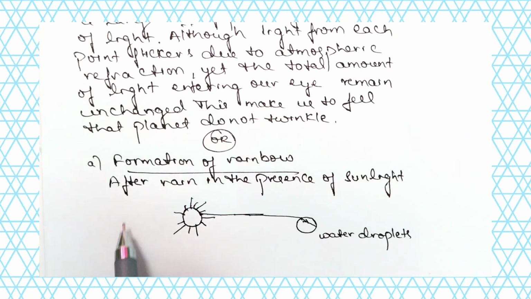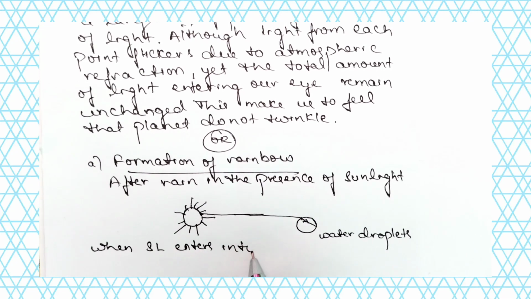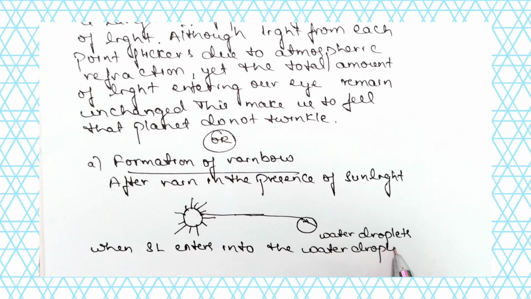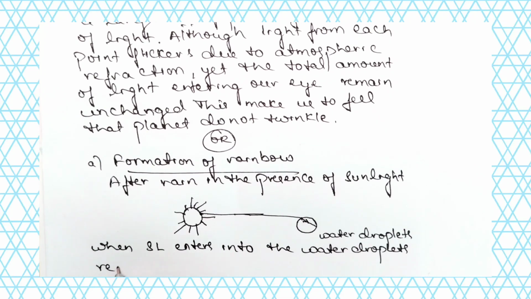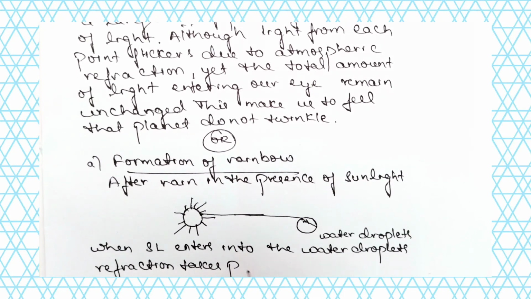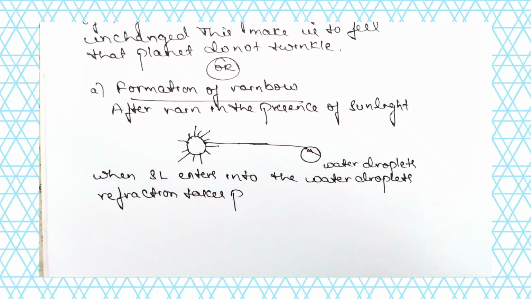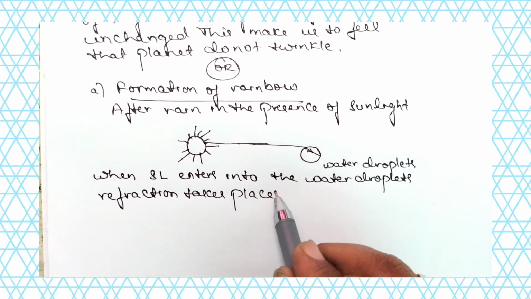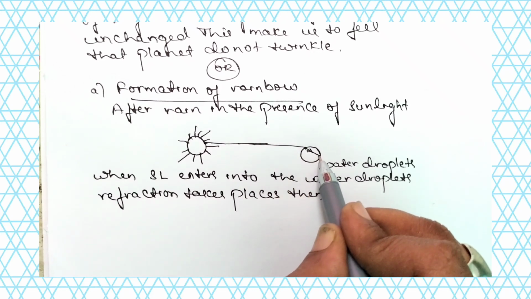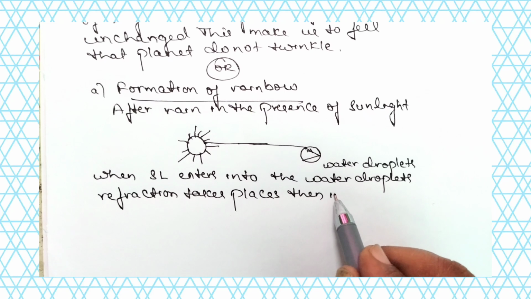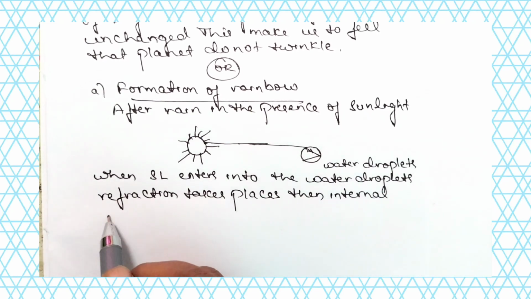So now after rain in the presence of sunlight, when sunlight enters into the water droplets, refraction takes place, then internal reflection takes place.